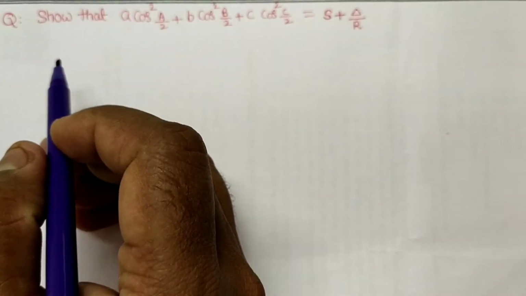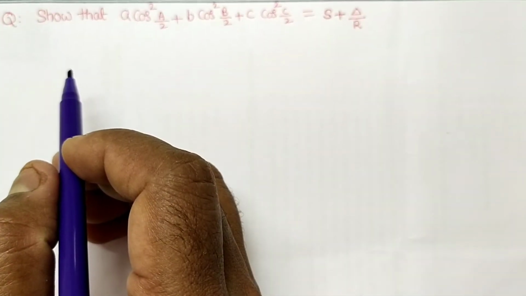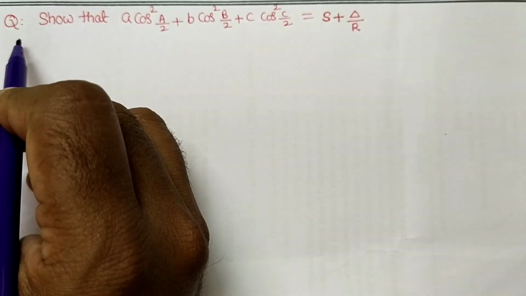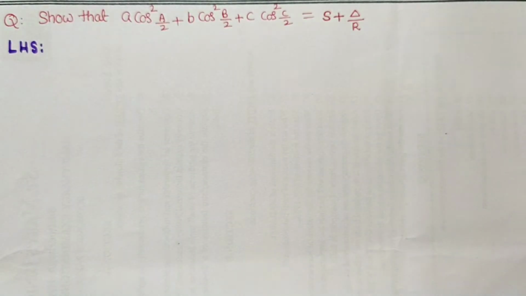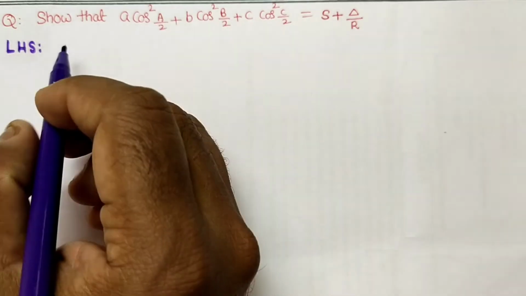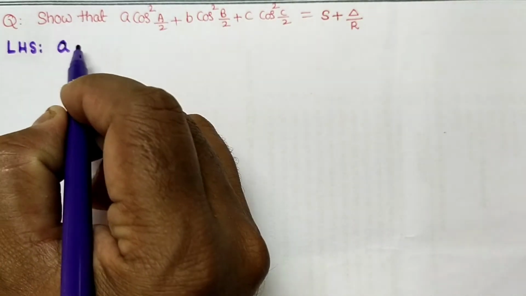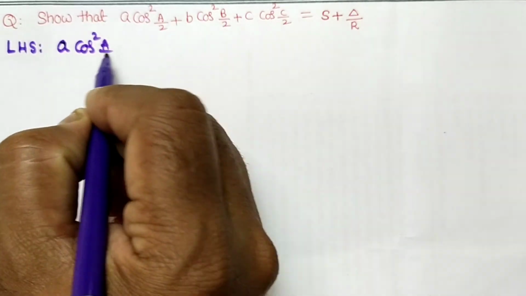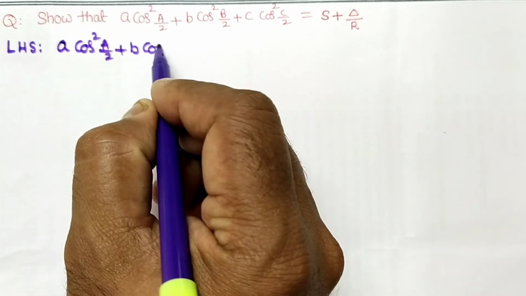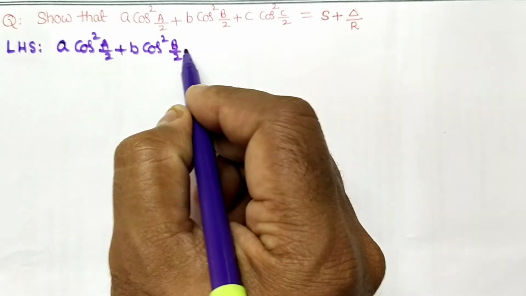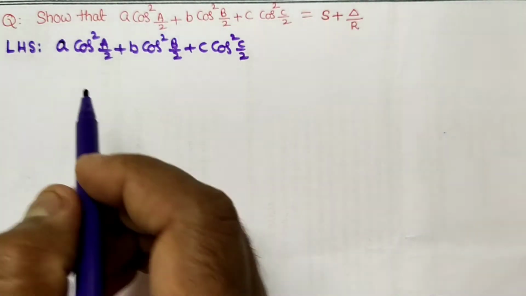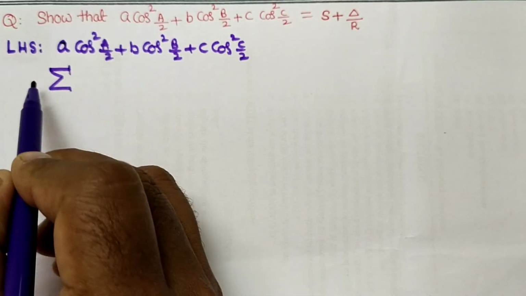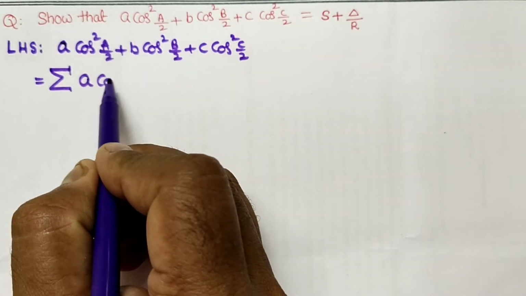LHS is a cos square A by 2 plus b cos square B by 2 plus c cos square C by 2. This can be written as sigma a cos square A by 2.